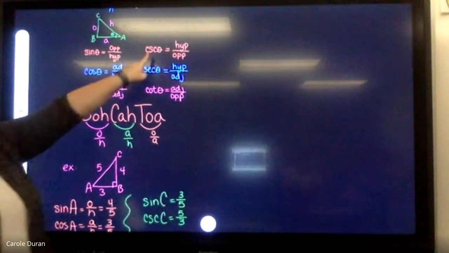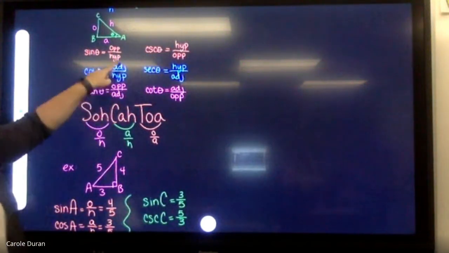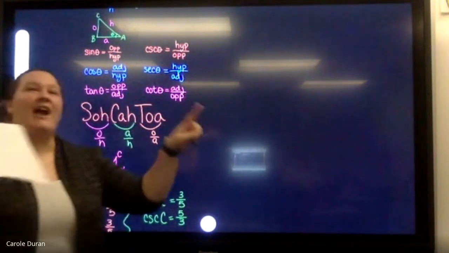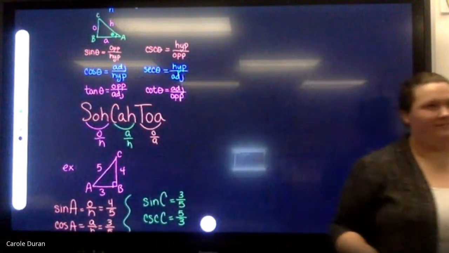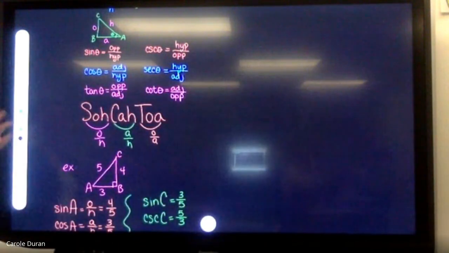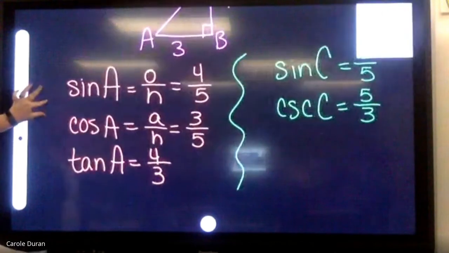Cosecant is just sine flipped, secant is cosine flipped, and cotangent is tangent flipped. Eventually you will have to memorize that, not today, but it is helpful information to know. That's why I color-coded them and wrote them across from each other.